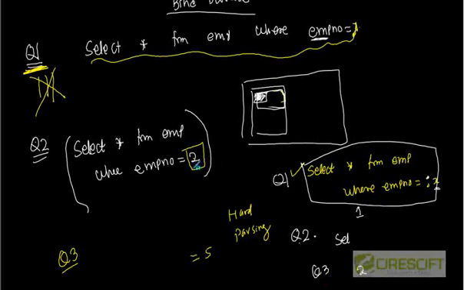This is how you use bind variables so that your application will be scalable. Otherwise, if you write an application without using bind variables, you are going to be in trouble, because you will do a lot of hard parsing. That can be avoided by using a bind variable.